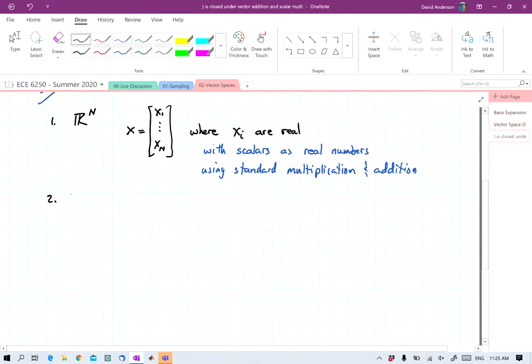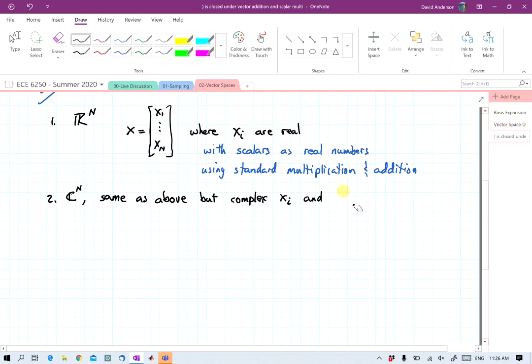But we can define essentially the same thing as above, but with the vectors and the field being complex, with complex xi and field.